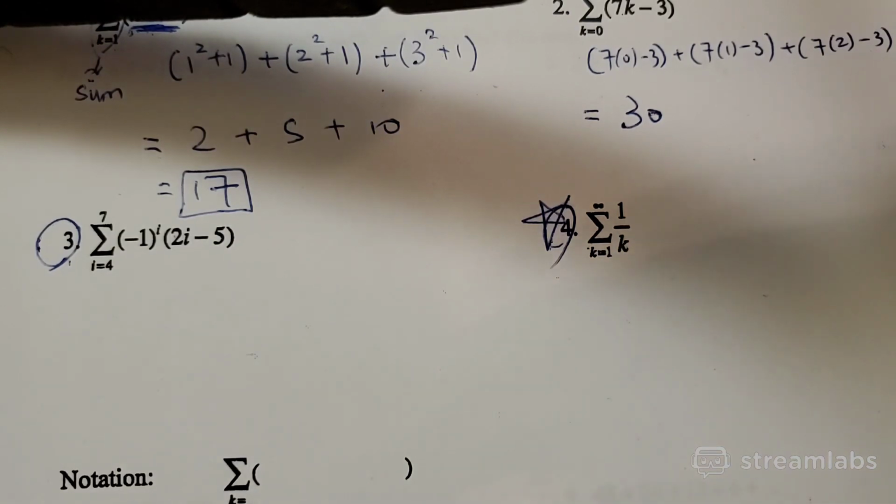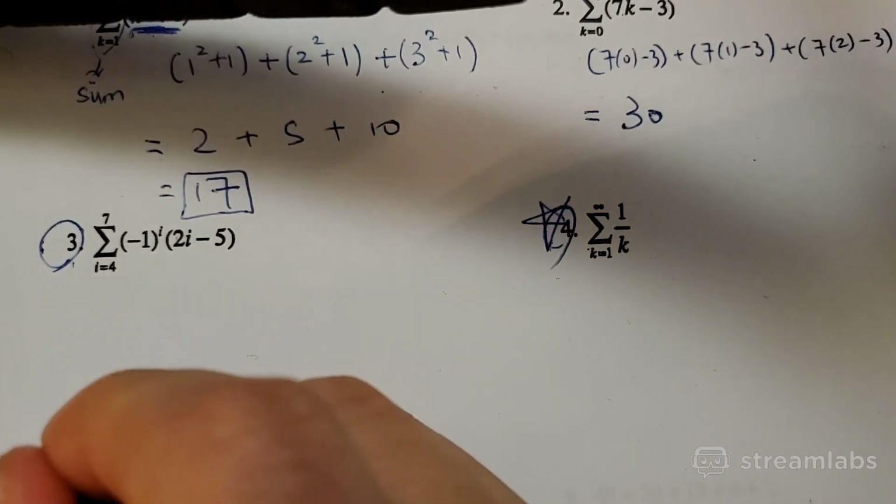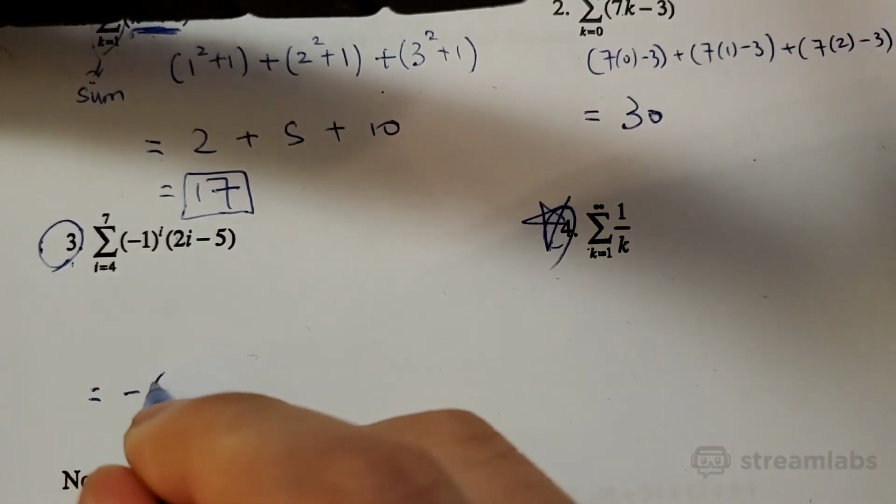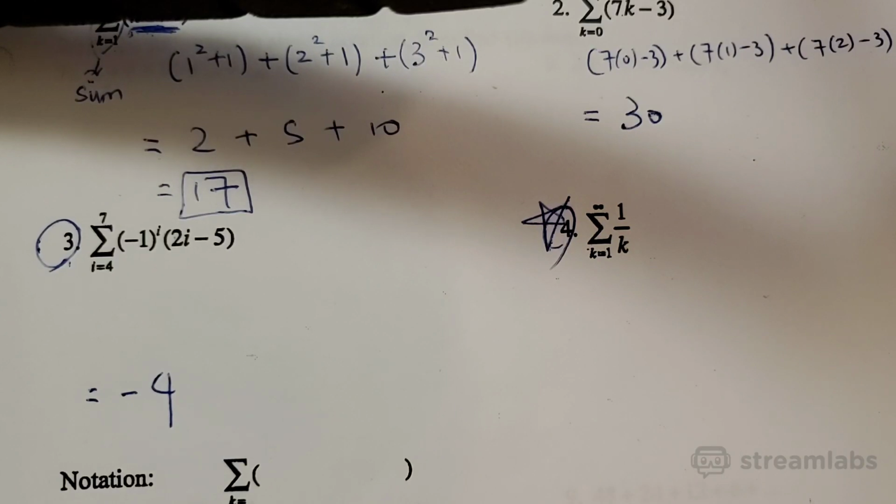So, I got -4. Does that sound right? Starting from 4, right?